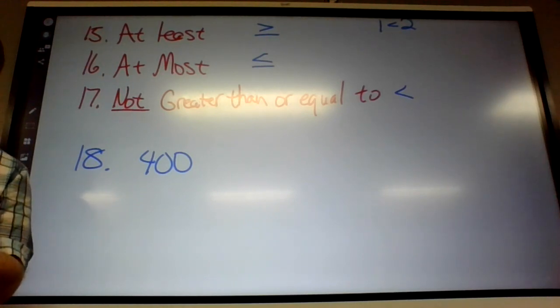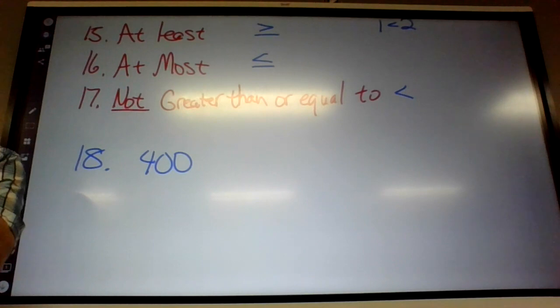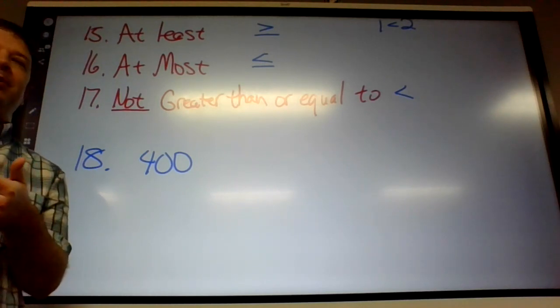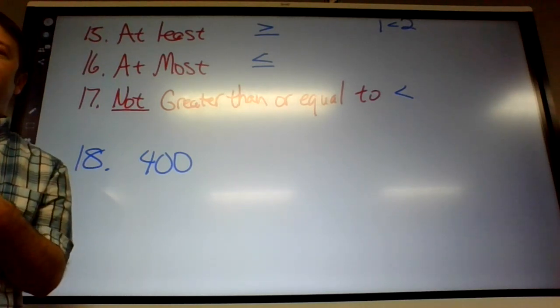How many times can you go shopping and still have like $100 left at the end of the summer? Okay, I want the inequality written and the solution. So every time you go shopping, you spend $80 on a pair of shoes. How many times could you go shopping and still have at least $100 by the end of the summer?